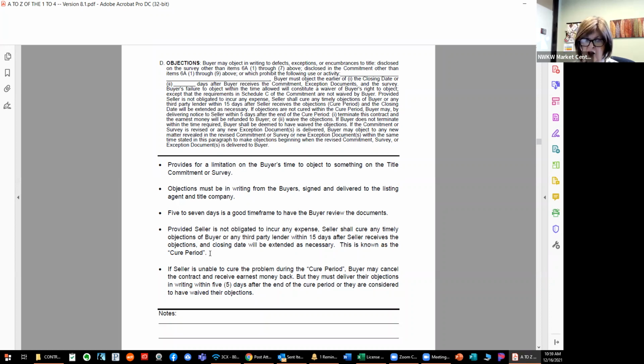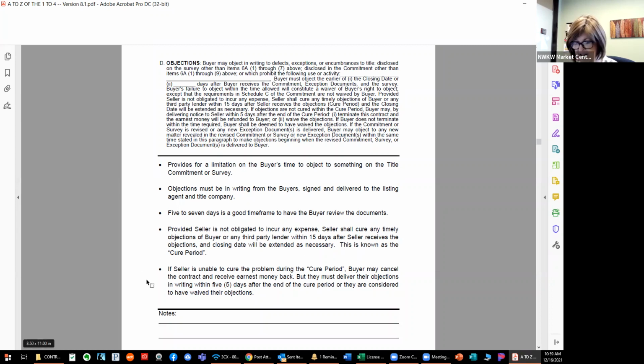But if you're extending a closing date, you better have an amendment officially extending that closing date, so it's right out there and everybody has agreed to it and they know it's going to be an extension. Okay, that's known as a cure period.